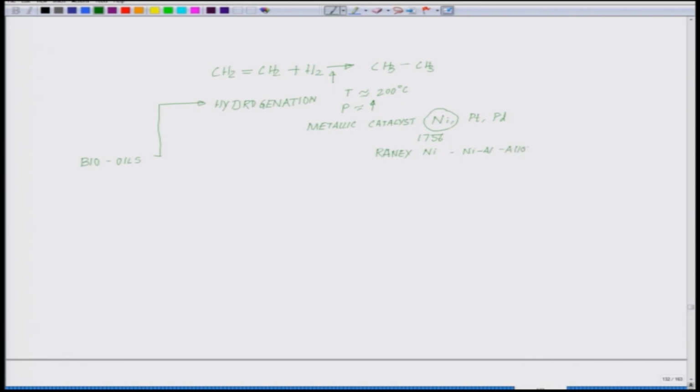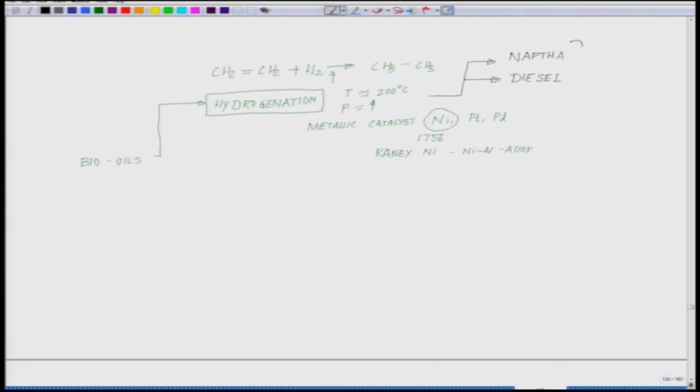So, this is how the hydrogenation is being done, and if you remember, in the last class we talked about how hydrogenation leads to two things. You get naphtha, and I told you that I will talk later about this, naphtha and diesel.